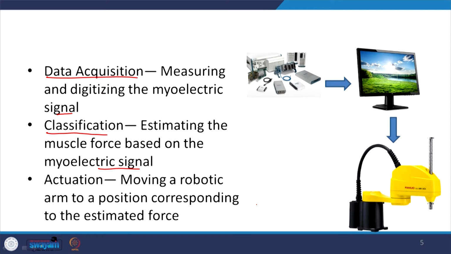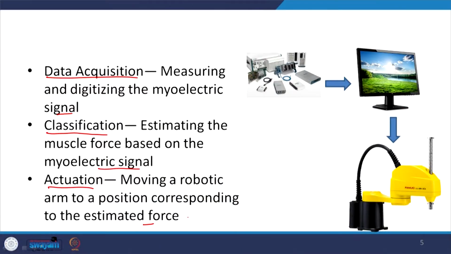So, based on the myoelectric signal, we can estimate the muscle force corresponding to that signal, and then ultimately the actuation, that is moving a robotic arm to a position corresponding to the estimated forces.